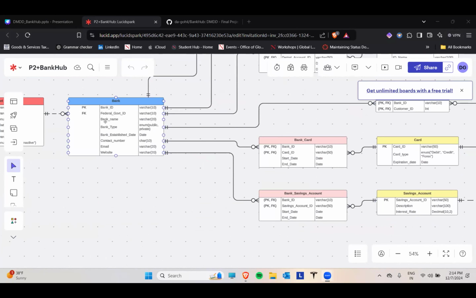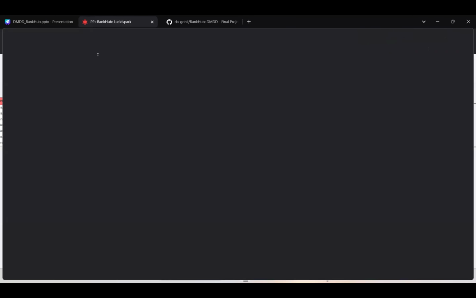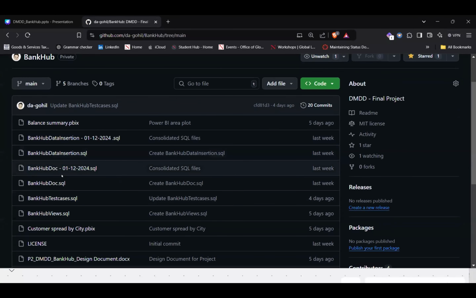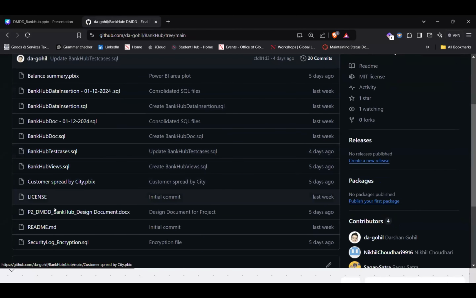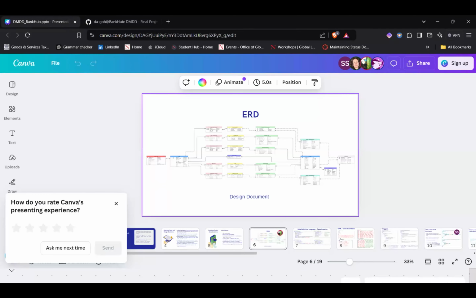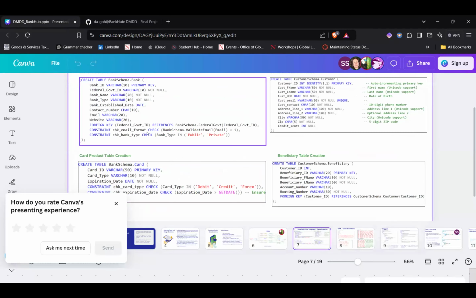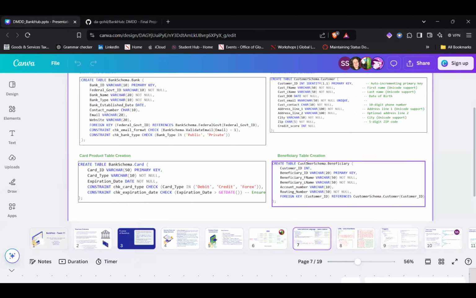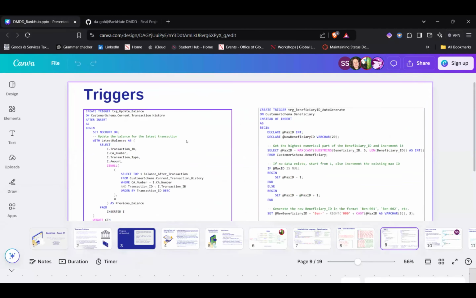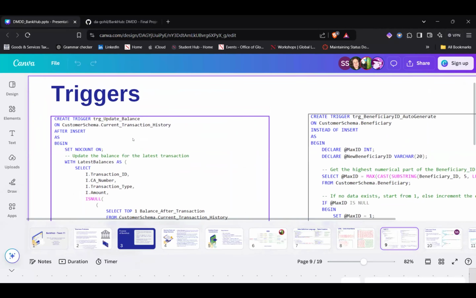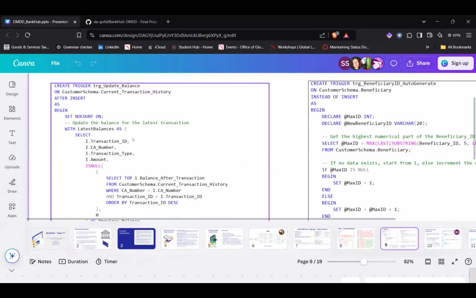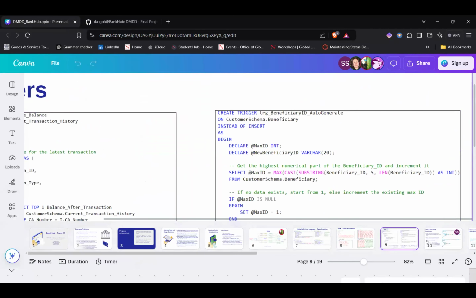Whenever any insertion occurs, if you check our DDL statements, in each of the tables, before populating, we had a check constraint involved which will call a function. On top of that, we have also added triggers. If you see the 9th slide, which was for triggers, if you transfer an amount, the trigger will update on every insertion. And the same thing occurs for beneficiary as well.